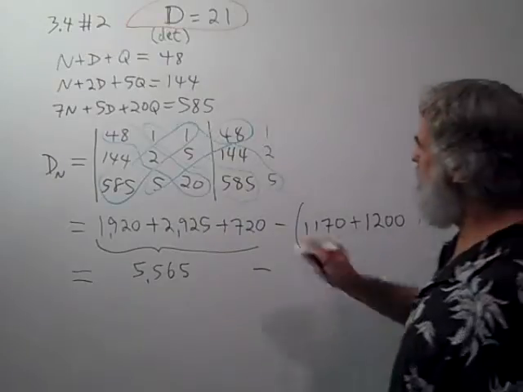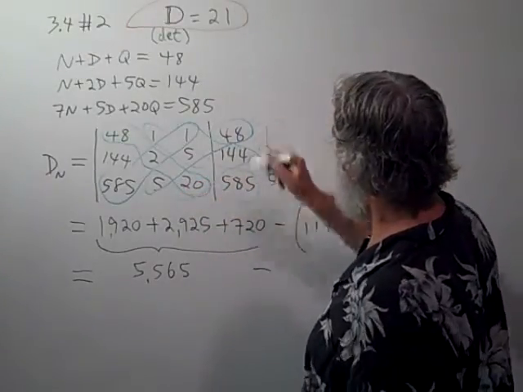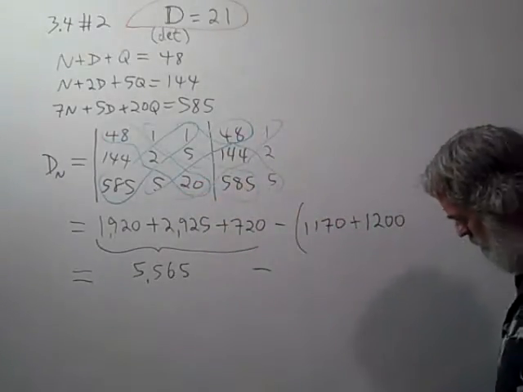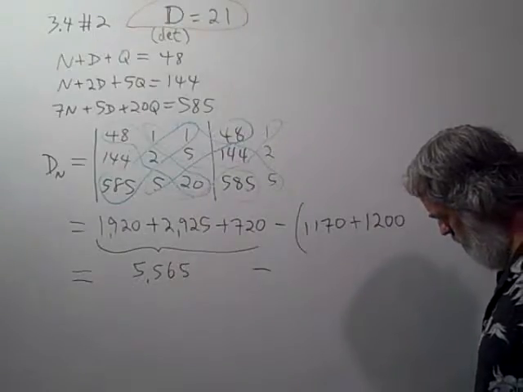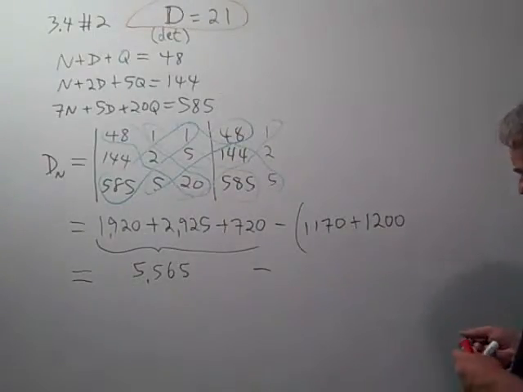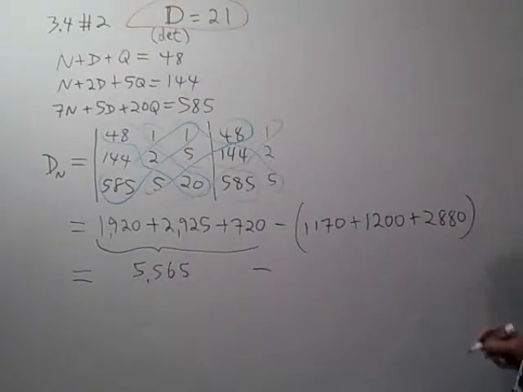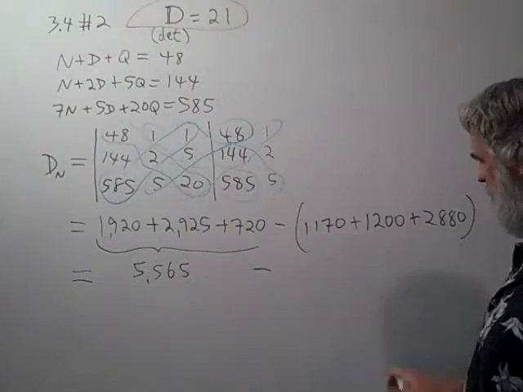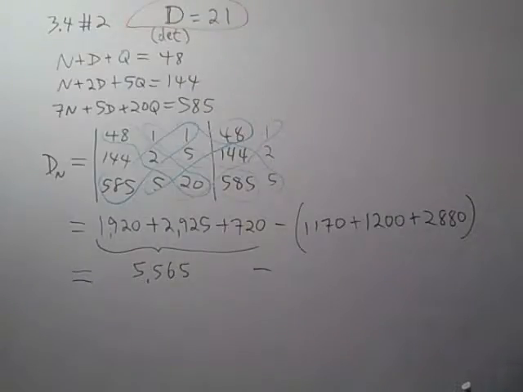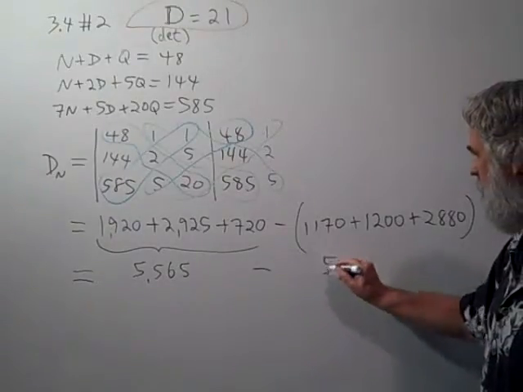And finally, we have 20 times 144 times 1, which is 2,880. And these numbers all add up in the parentheses there to 5,250.